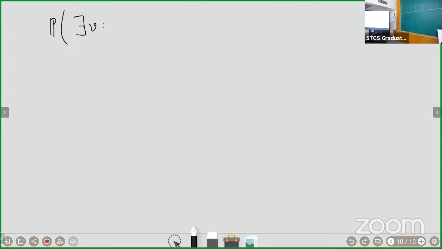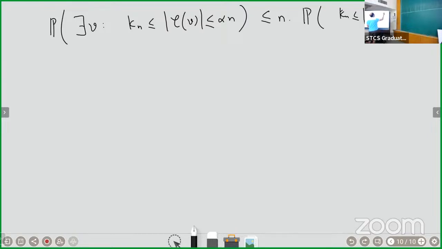The probability is at most n times, for a particular V, e to the minus Kn g r divided by.